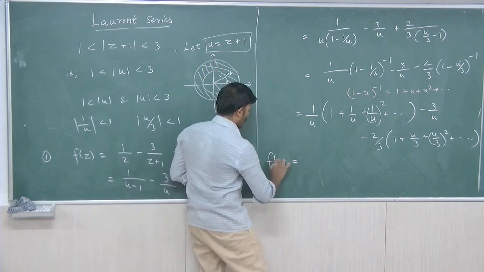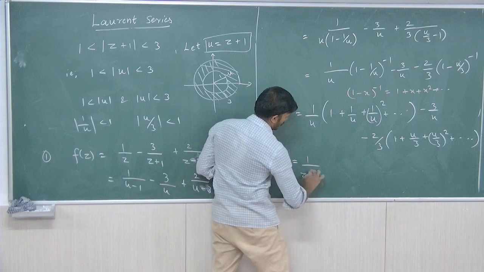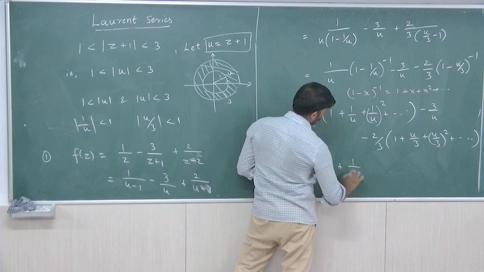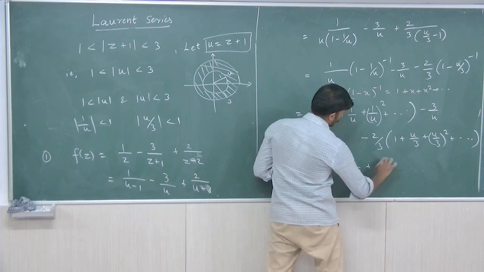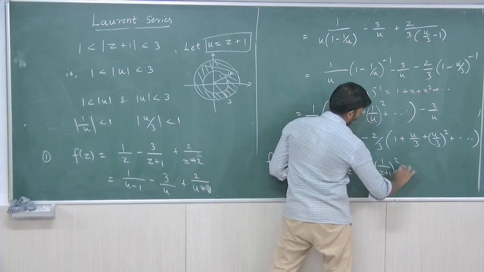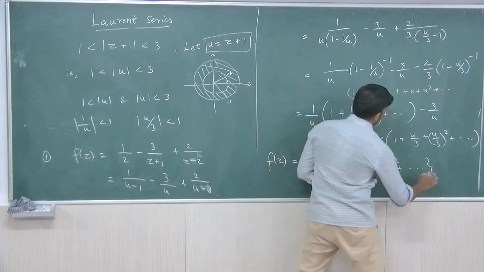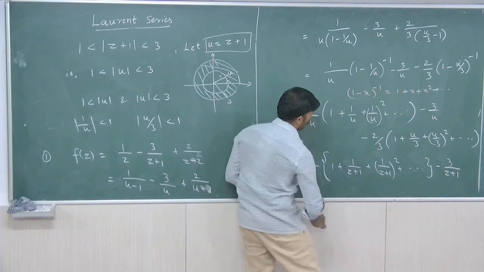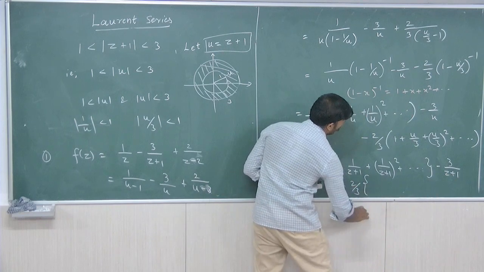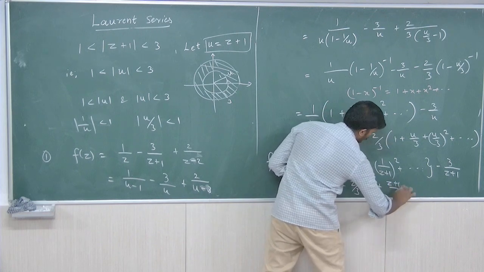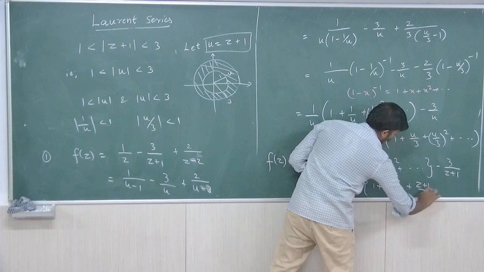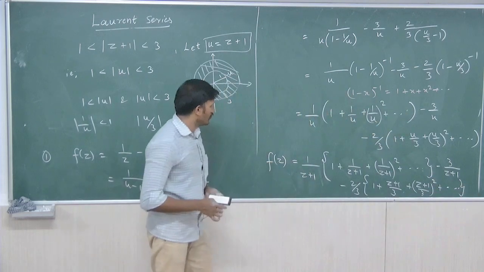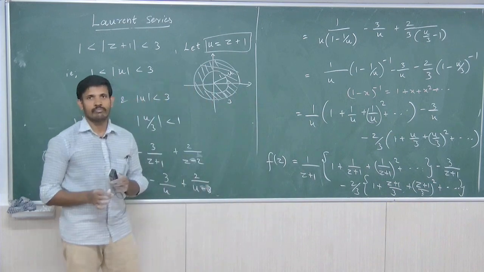Therefore, f of z equal to 1 by z plus 1, 1 plus 1 by z plus 1 plus 1 by z plus 1 whole square and so on, minus 3 by z plus 1, minus 2 by 3, 1 plus z plus 1 divided by 3 plus z plus 1 divided by 3 whole square and so on. So hence the expansion of this problem. Thank you.